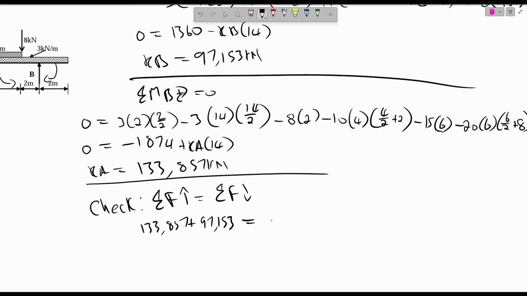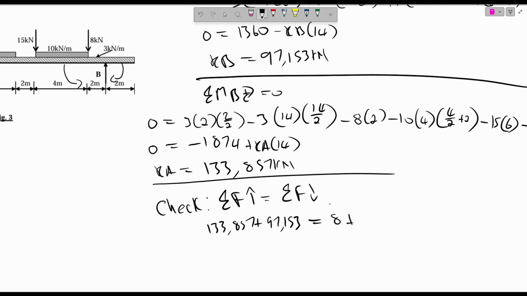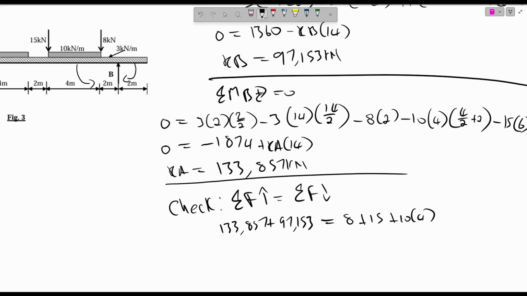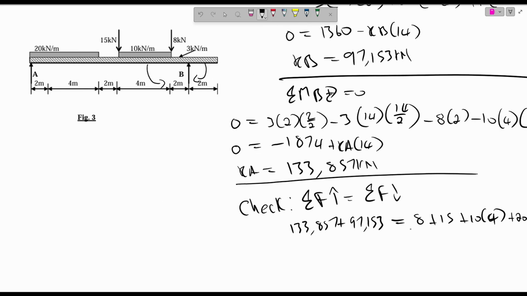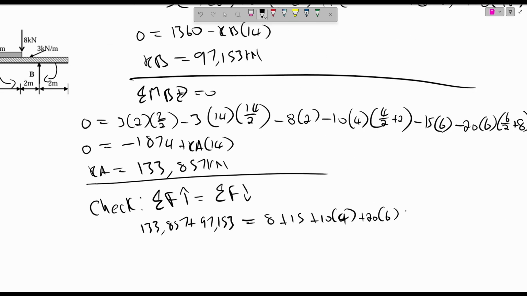It should be equal to the 8, the 15, and 10 times 4, the 20 times 6, and the 3 times 16.